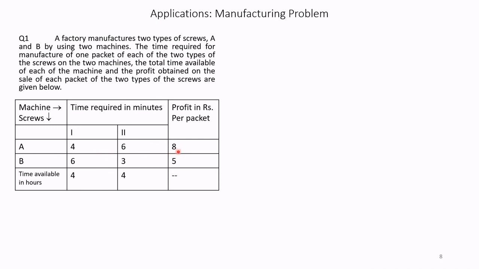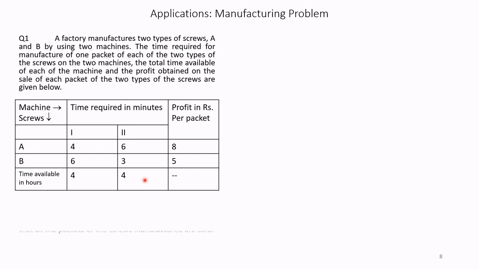For type B screw, machine 1 takes 6 minutes and machine 2 takes 3 minutes, and the profit is rupees 5 per packet. The time available, in hours, is 4 hours for machine 1 and 4 hours for machine 2.